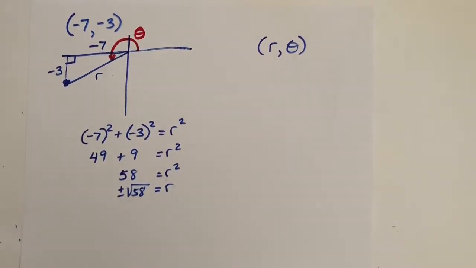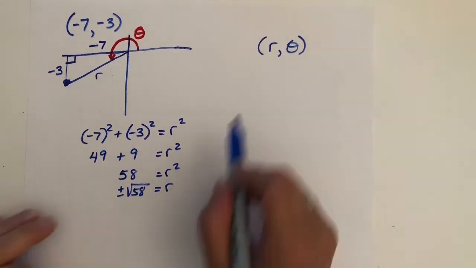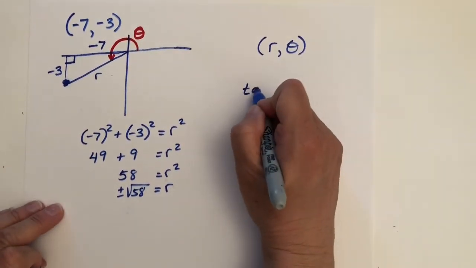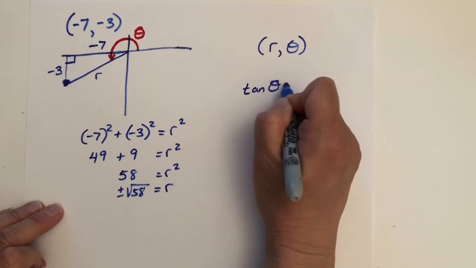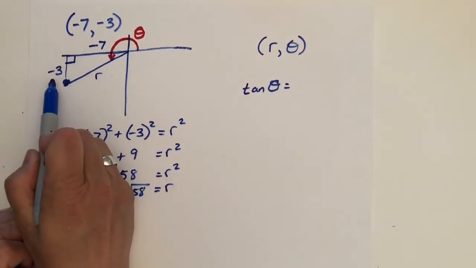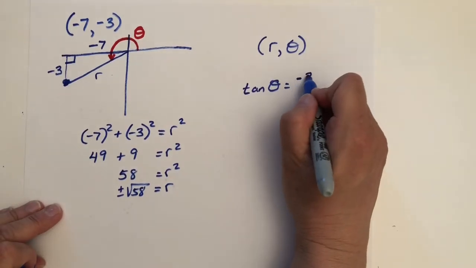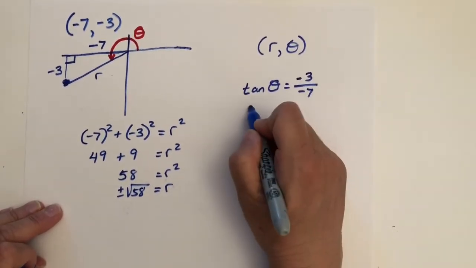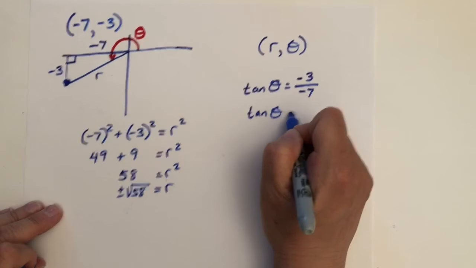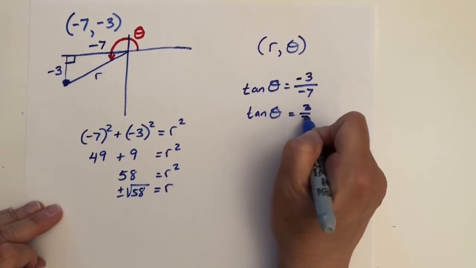We're over here in the third quadrant. So to find it, we do know that the tangent of theta from this picture would be y over x, so -3 over -7, which is of course 3/7.